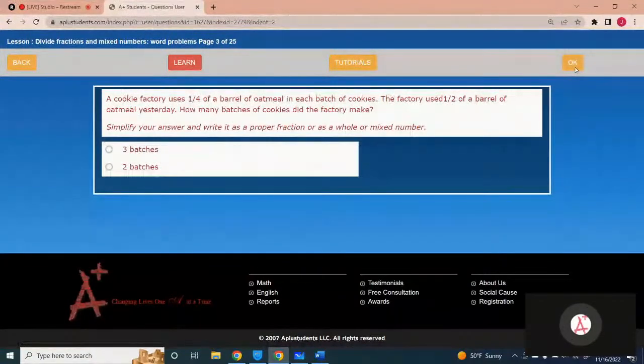Okay, a cookie factory uses 1/4 of a barrel of oatmeal in each batch of cookies. The factory used half of a barrel of oatmeal yesterday.